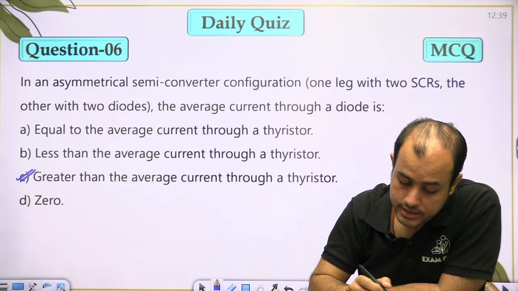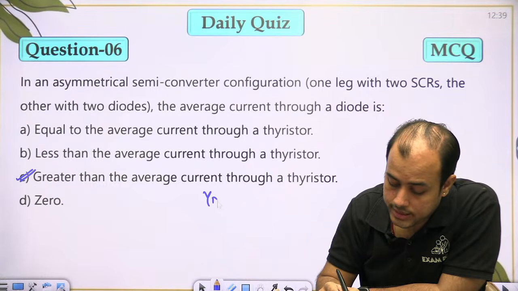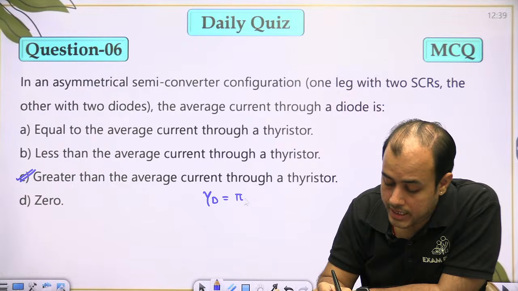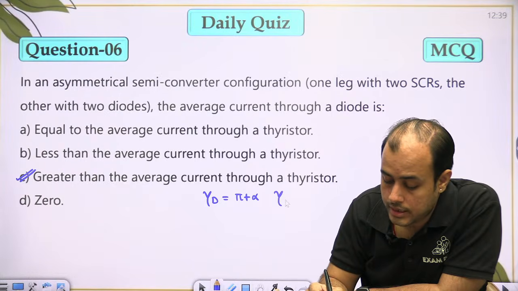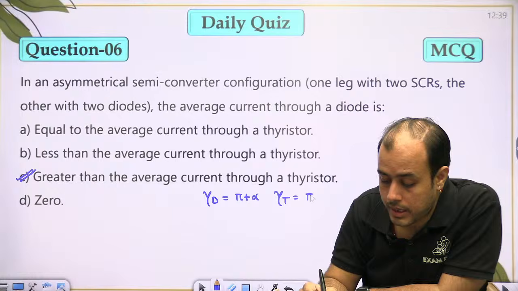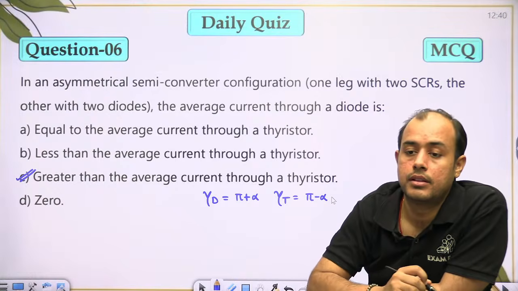Greater than thyristor because conduction angle of diode is pi plus alpha. Conduction angle of thyristor is pi minus alpha.